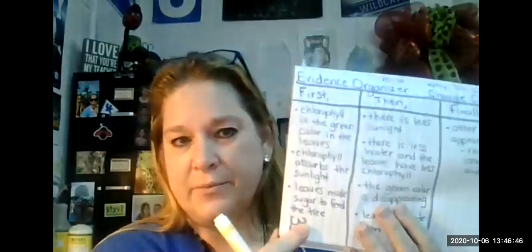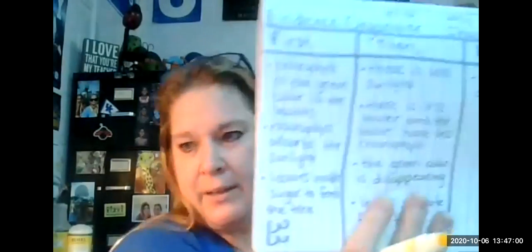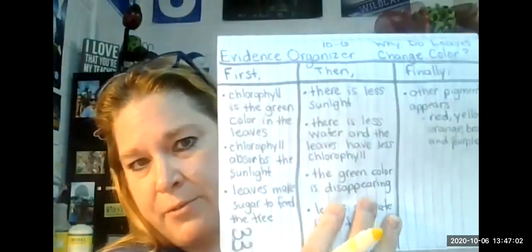I'm going to choose my first piece of evidence from the first column. And because I'm going to write about how the weather makes the leaves change, I need to say something about weather. And the only one that I have on my first column that talks about weather is how the chlorophyll absorbs the sunlight. So I'm going to choose that one as my first piece of evidence.